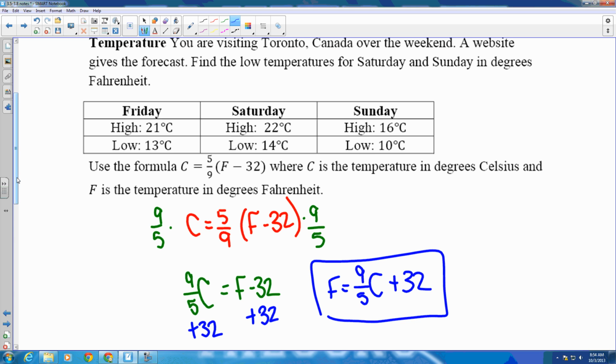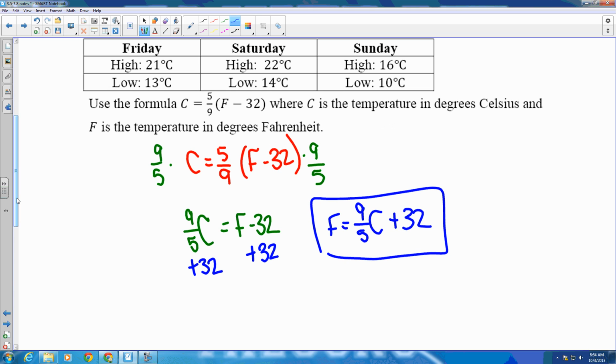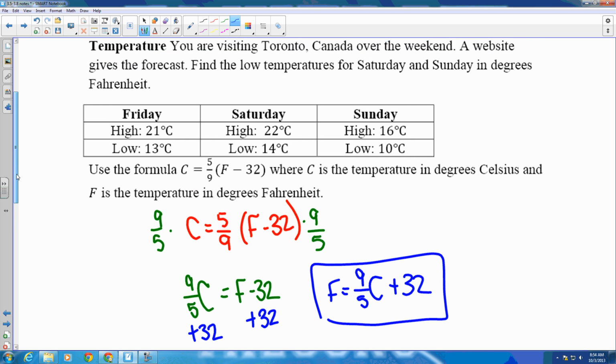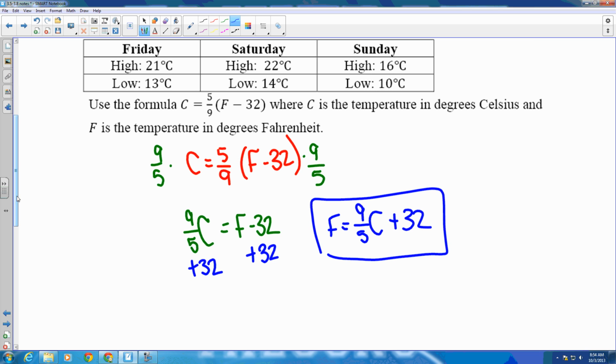And then we can use that, since all of our temperatures are in Celsius, to solve. We are trying to find low temperatures for Saturday and Sunday. So let's do Saturday first. I'm going to plug in 14. F equals 9/5 times 14 plus 32.